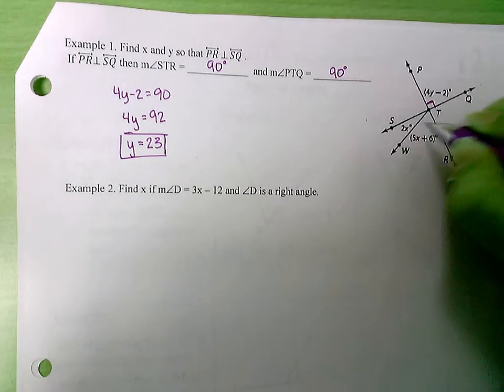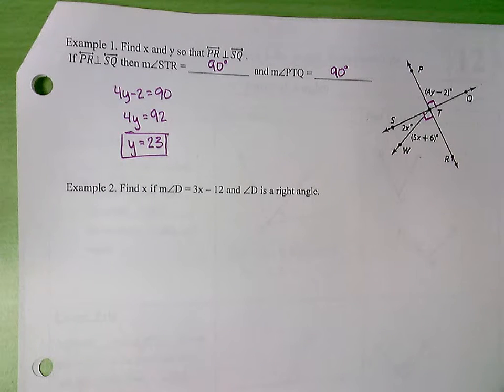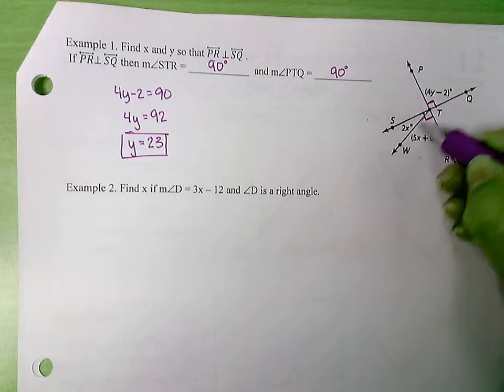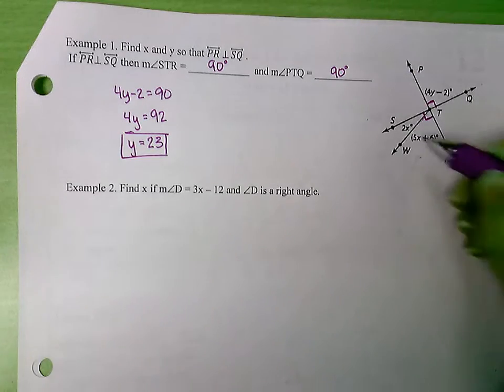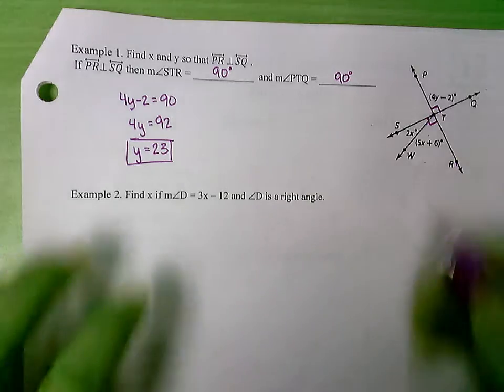I also need to find x. I know angle STR is also 90 degrees. Now I have two adjacent angles here, two angles that are next to each other. They form that right angle in total. So how could I set this up to solve for x? Yes, I want to add them together and set them equal to 90.